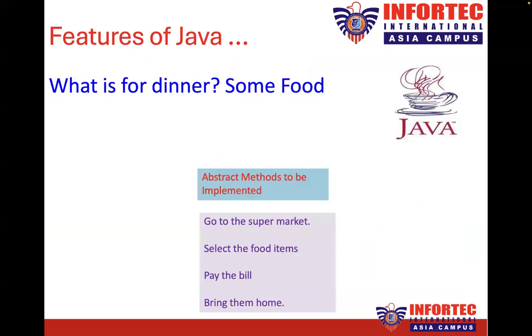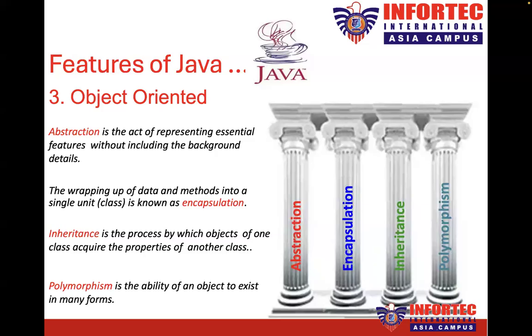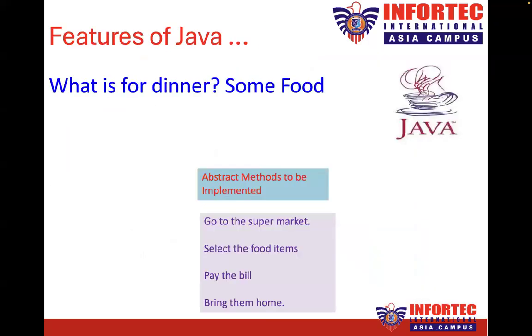So this is an example for abstraction. Abstraction is the first pillar of the principles of object-oriented programming. So I ask you the question, what is for dinner? Then you said some food. It's a very simple answer. But behind that, we have a huge process. From your answer, I can't understand that.